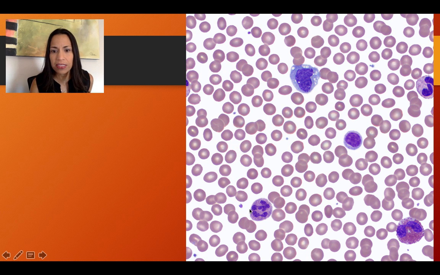Then the second type of cells are the white blood cells. They look familiar, right? They look a little bit like the cells that we described in the first chapters of this course. And then do you see those little things in there? Those are platelets.